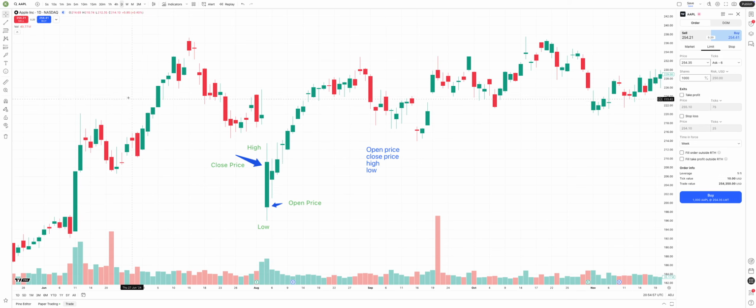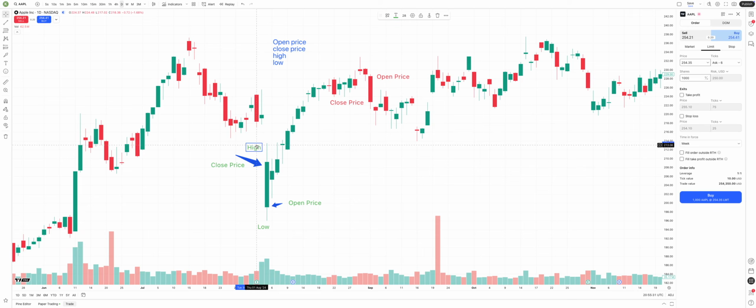Now, a red candlestick is similar, but slightly different. Okay, so I'm going to move this over here. All right, so with a red candlestick, the wicks are the same, but the bodies are opposite. The open price for a red candlestick is the top of the body, and the close price is the bottom of the body.